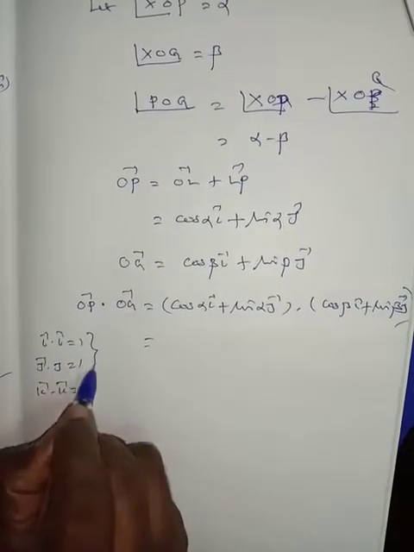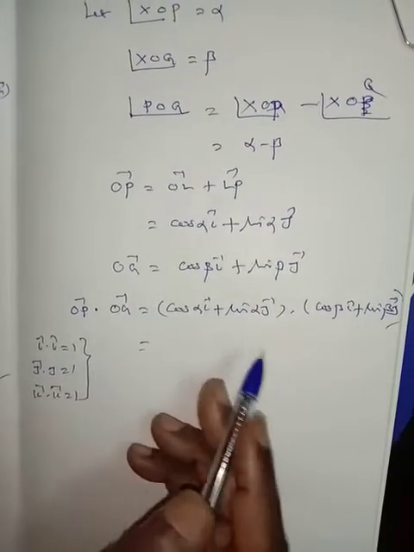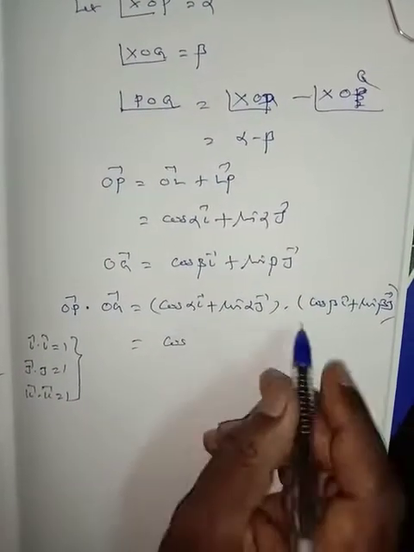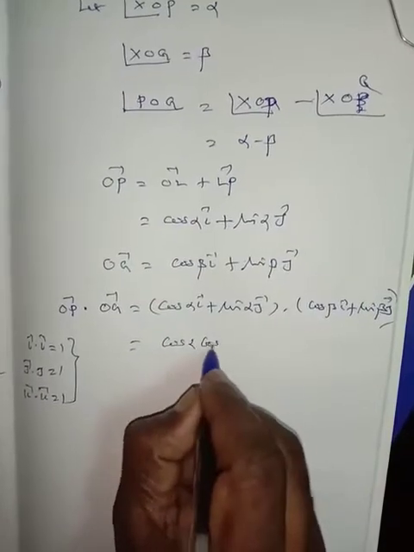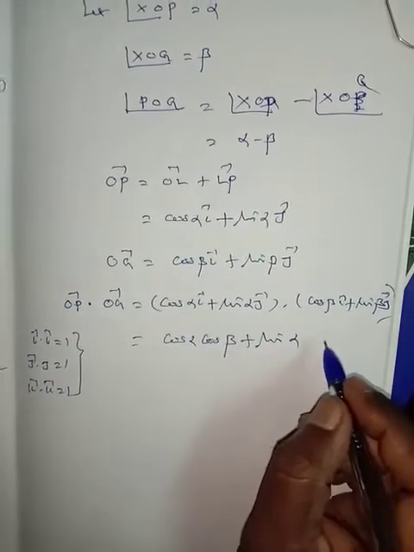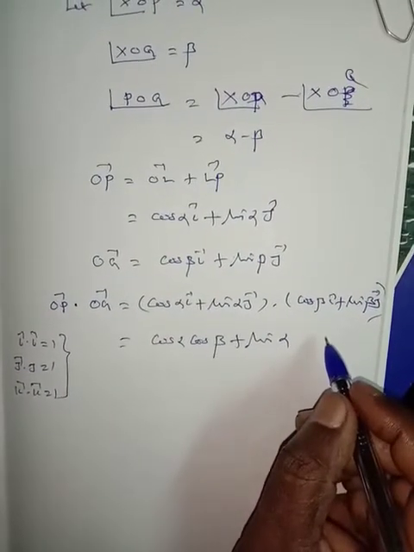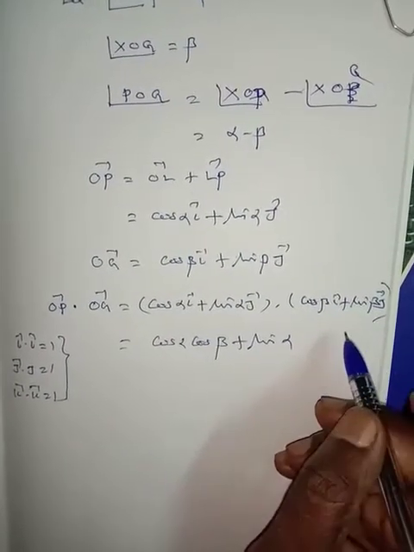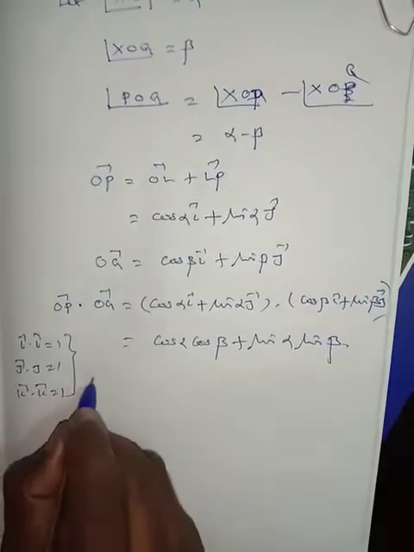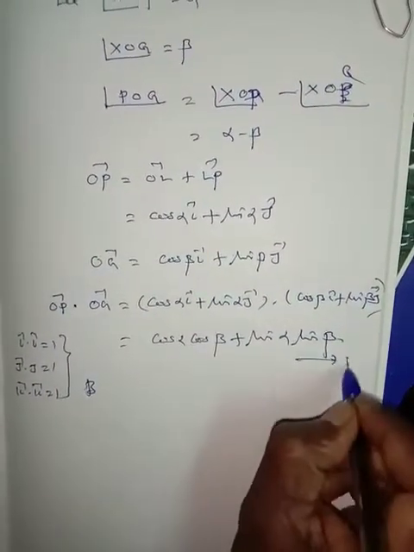In this case, there are two vectors, i dot i is 1, j dot j is 1. Therefore, cos alpha cos beta plus sin alpha sin beta. This is equation number 1.